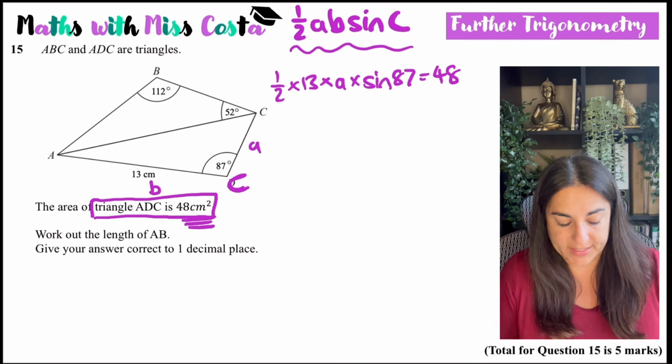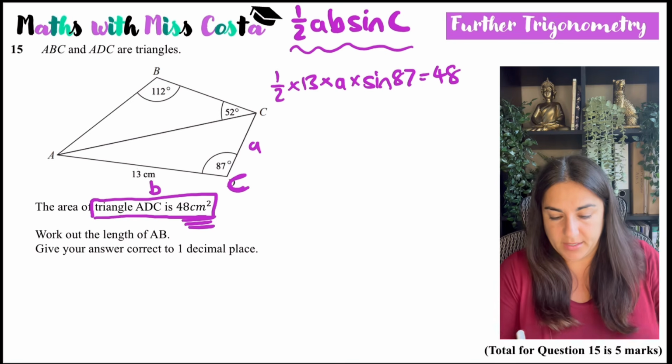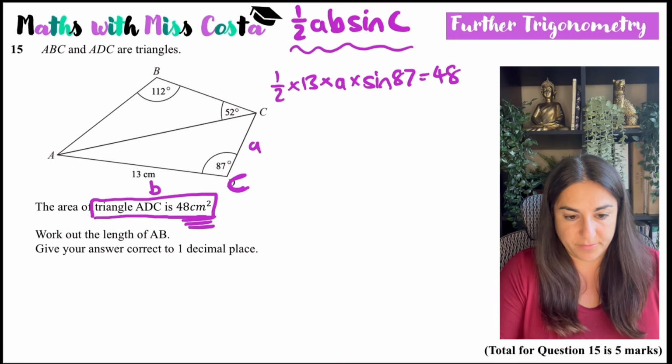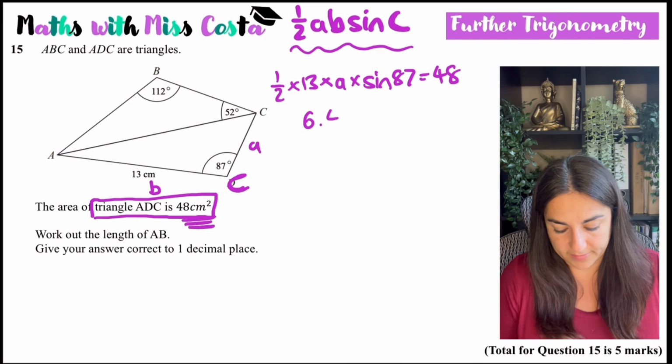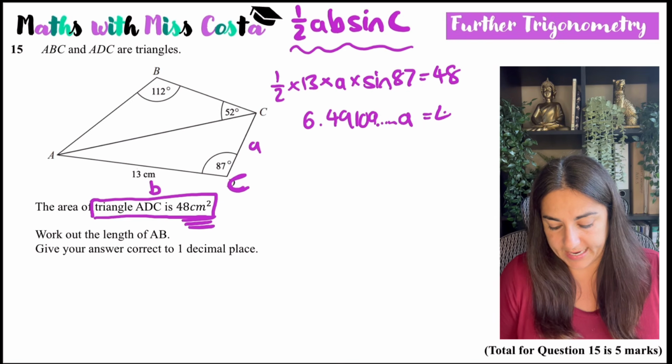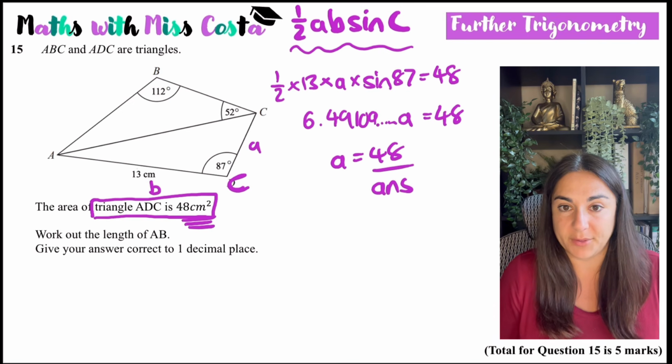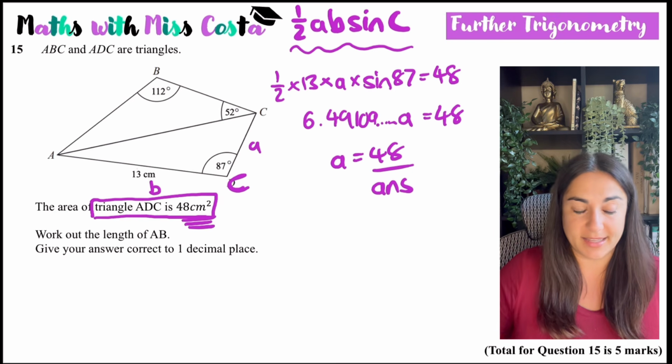So what I can do is just bundle that together. So 0.5 times 13 times sine 87 is 6.49109. So 6.49109a is equal to 48. So a is going to be 48 divided by your answer. If you just leave this in your calculator, it remembers the last thing that's in your calculator.